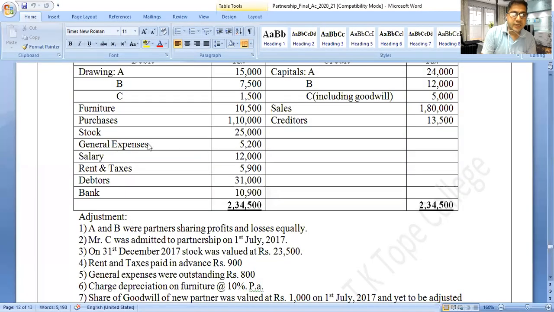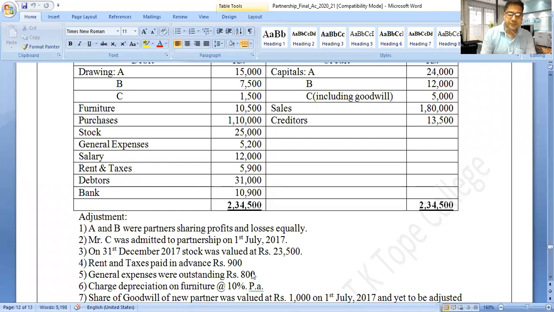After recording opening stock, the next item is general expenses 5,200, and general expenses were outstanding 800. See the fifth number adjustment: general expenses were outstanding rupees 800, and the general expenses provided in the profit and loss account are 5,200.